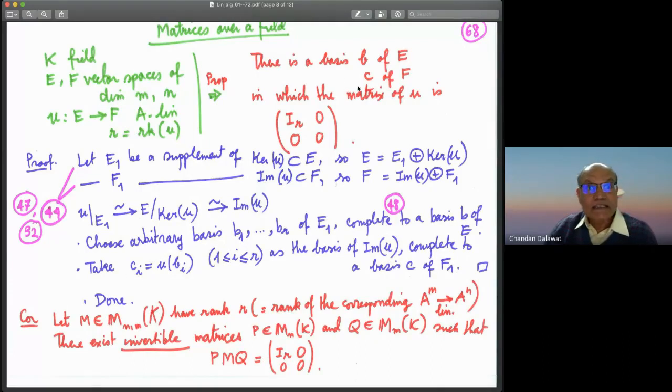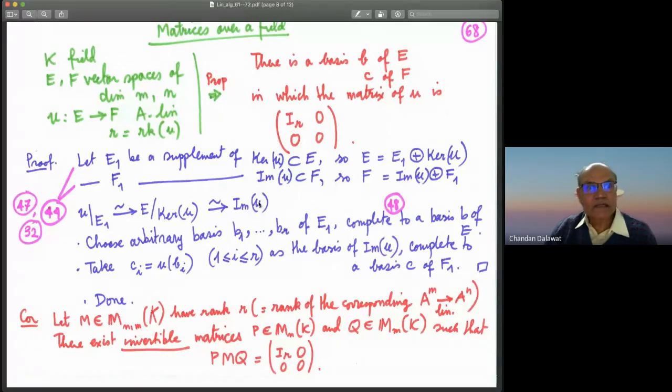And I want a basis C of F. So first I take Ci, i going from 1 to R, to be just the image of Bi under U. That's going to be a basis of the image of U. Why? Because U is basically an isomorphism from E1 to the image of U, and I have a basis here.